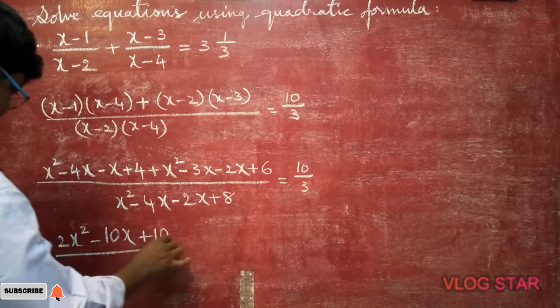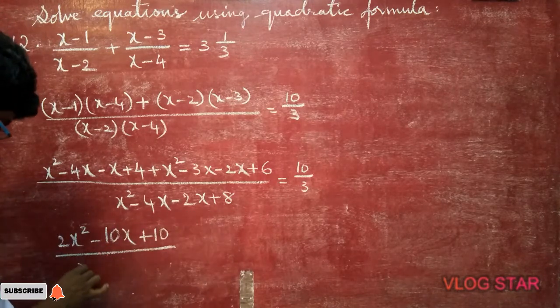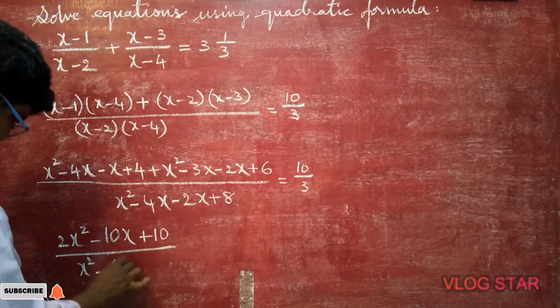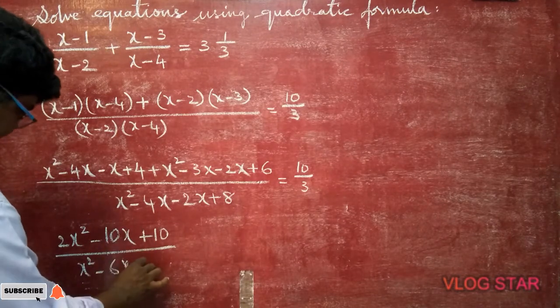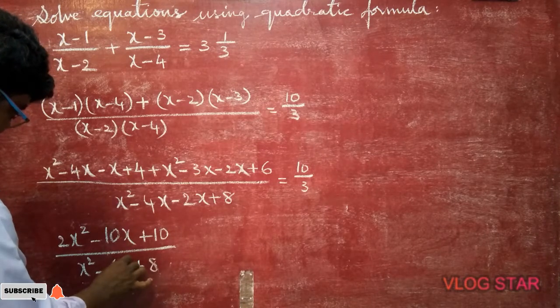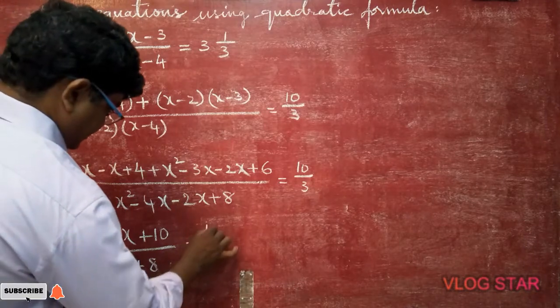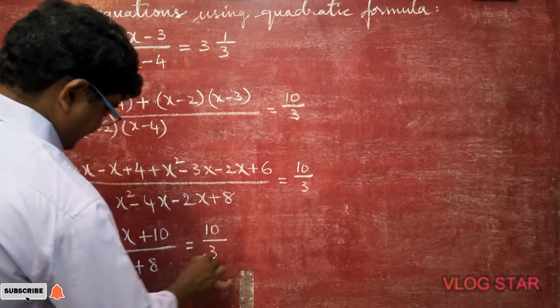Divided by the denominator, also simplify: x square minus 6x plus 8 is equal to 10 by 3.